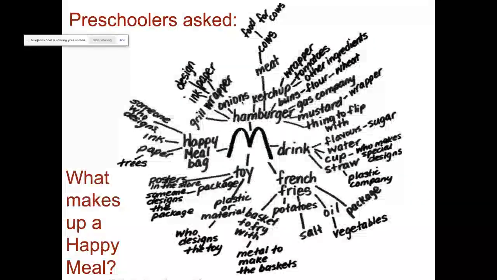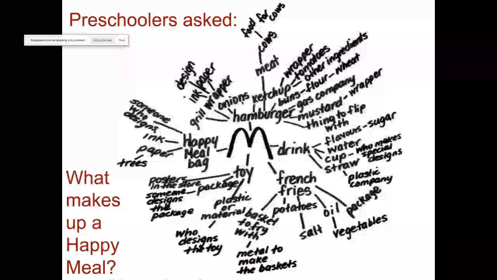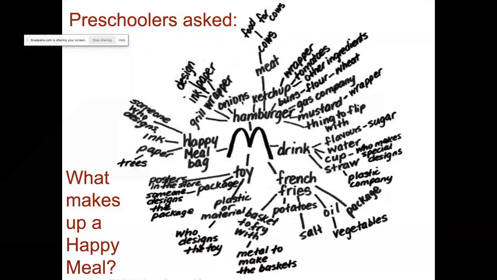And the point of this is that she was helping the kids realize something: knowledge they had, but not fully. Each person maybe had a little piece, but to bring it together and then to be able to name it gives you control over it. What they were doing is recognizing all of the people and all of the decisions that create a Happy Meal.